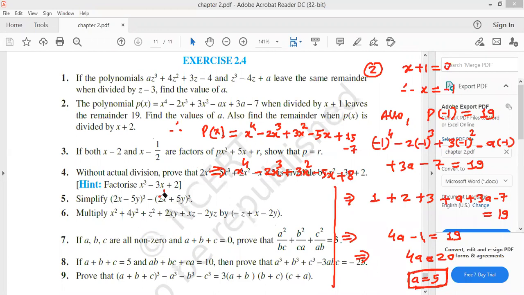Now we have to find the value of, therefore, x plus 2. p of minus 2. Therefore, we have to find the value of p of minus 2. Minus 2 to the power 4 minus 2 into minus 2 to the power 3 plus 3 into minus 2 square minus 5 into minus 2 plus 8.